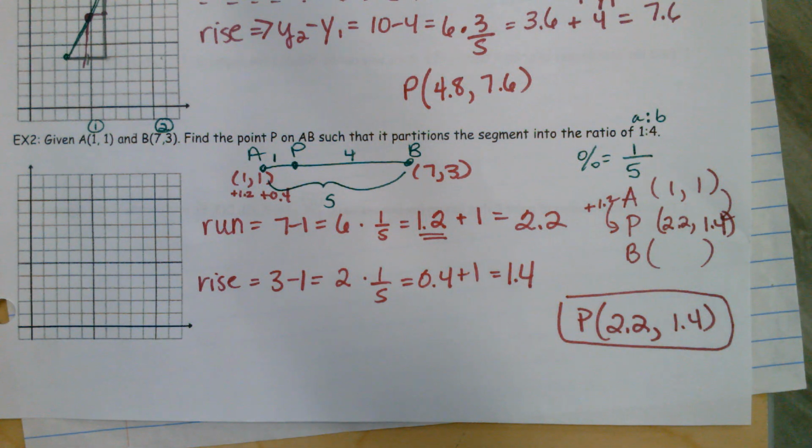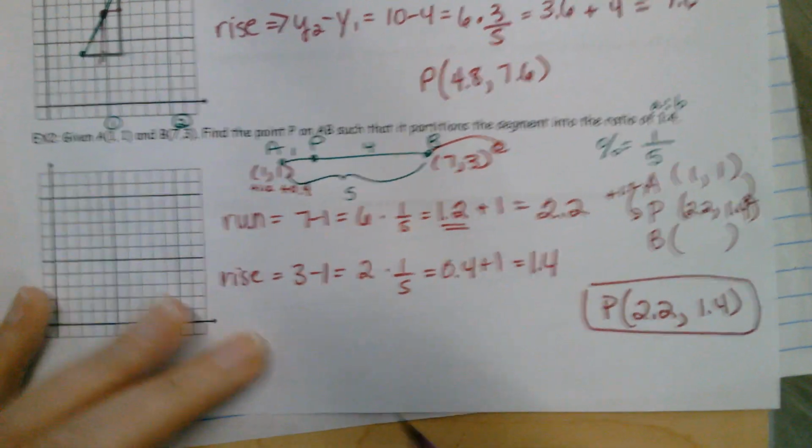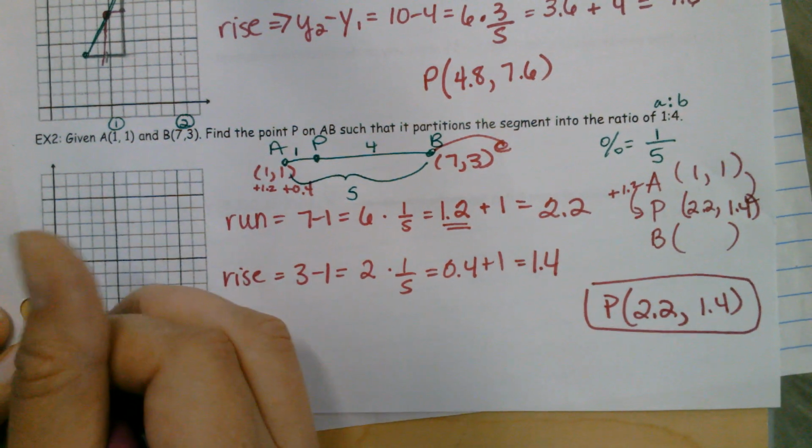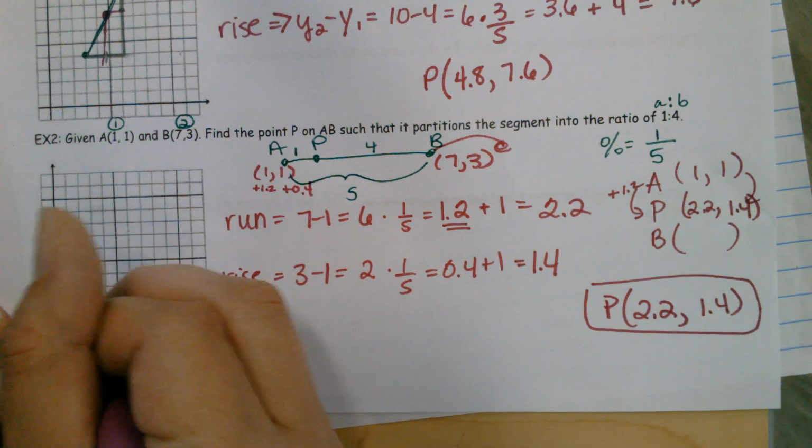Yes, JJ. The reason why we wouldn't add to the B is because then we would be extending our line. So we know that (1, 1) is here and (7, 3) is right there.